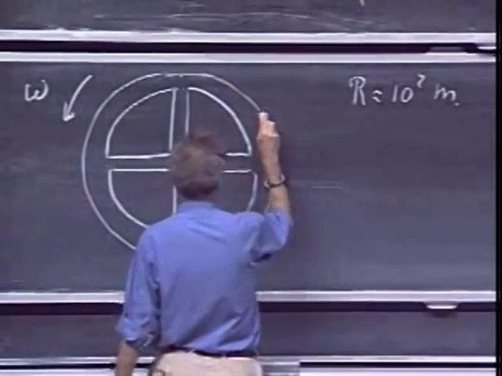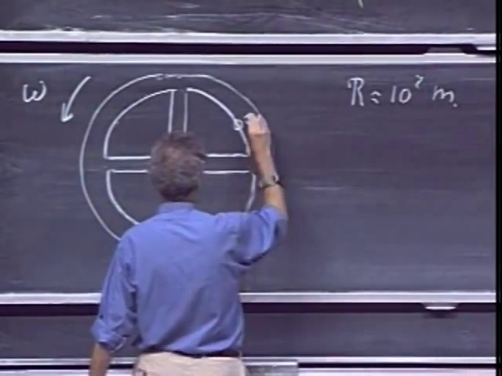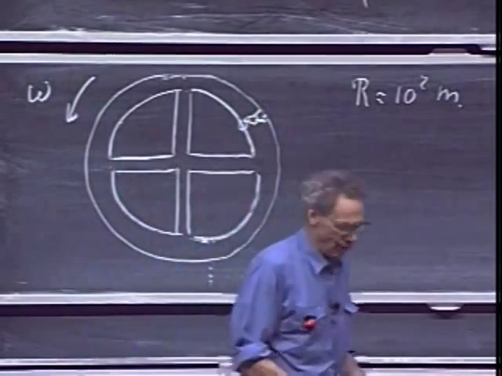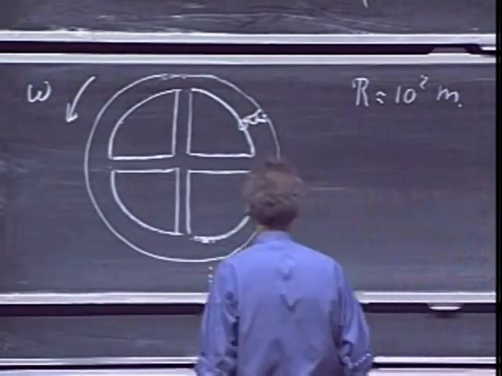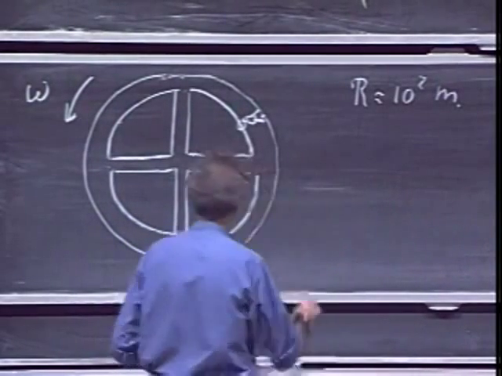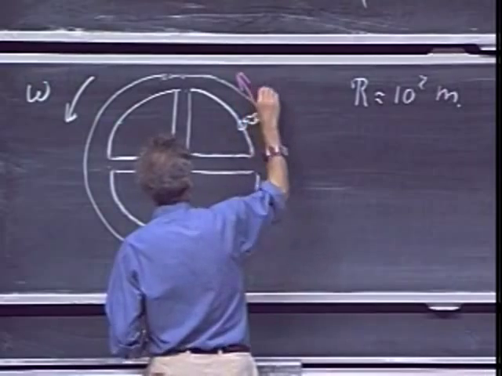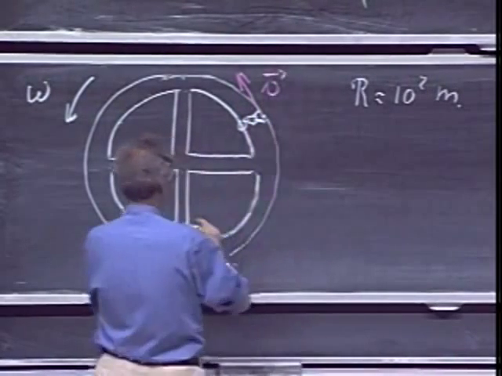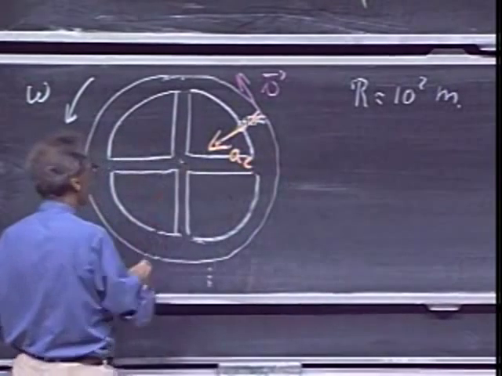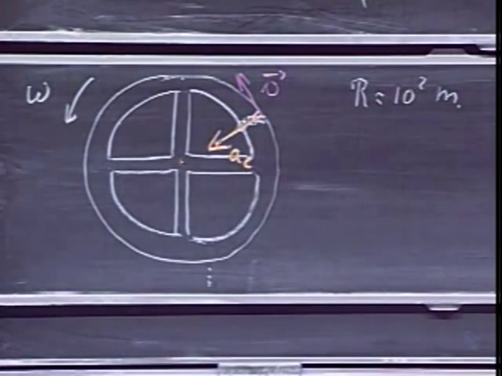You're here. There you are. You go around. Therefore, non-negotiable, you're going around with a certain velocity v. This v equals omega r. And therefore, you require a centripetal acceleration towards the center. That is non-negotiable.